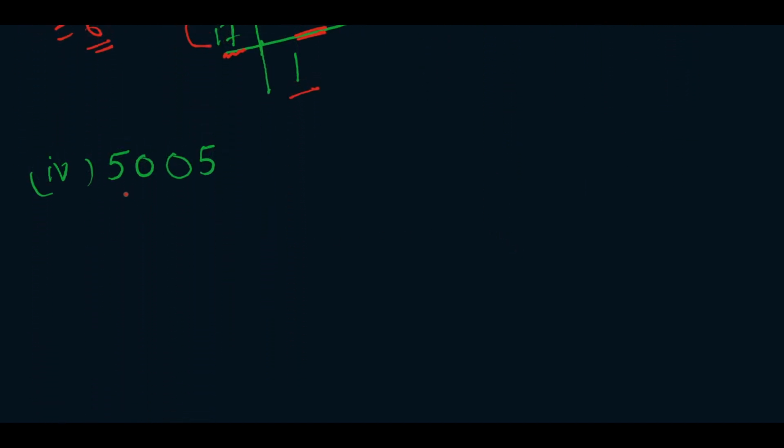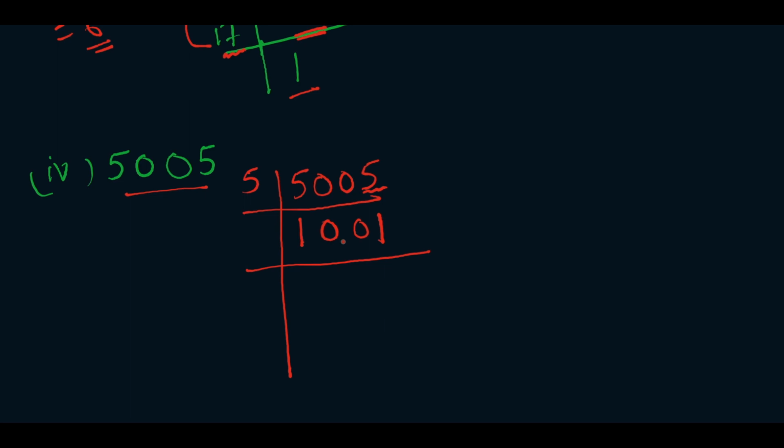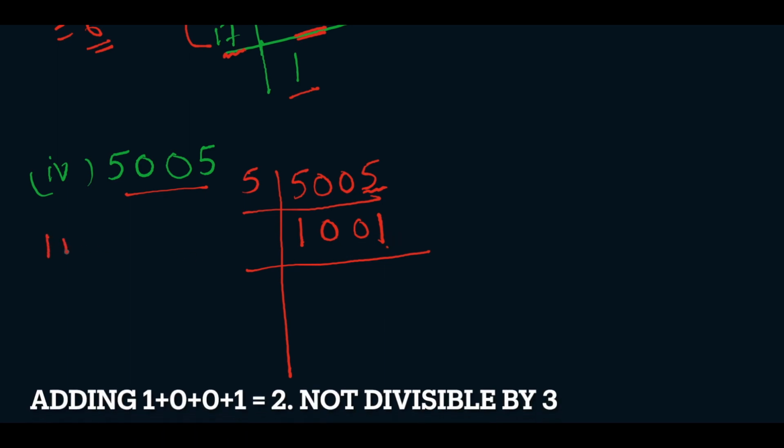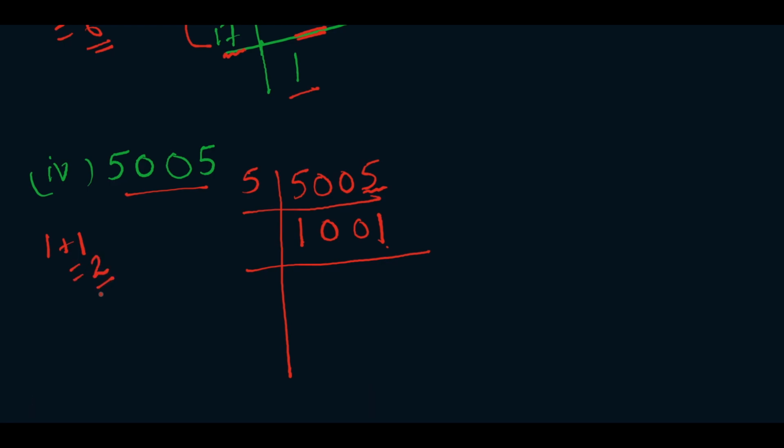Our question here is 5005. So let us write 5005. Now 5 is at the ones place, so we will divide by 5. We get 1001. Now for this 1001, 1 plus 1 I am doing here, but I get 2. 2 is not divisible by 3, so this number is not divisible by 3.